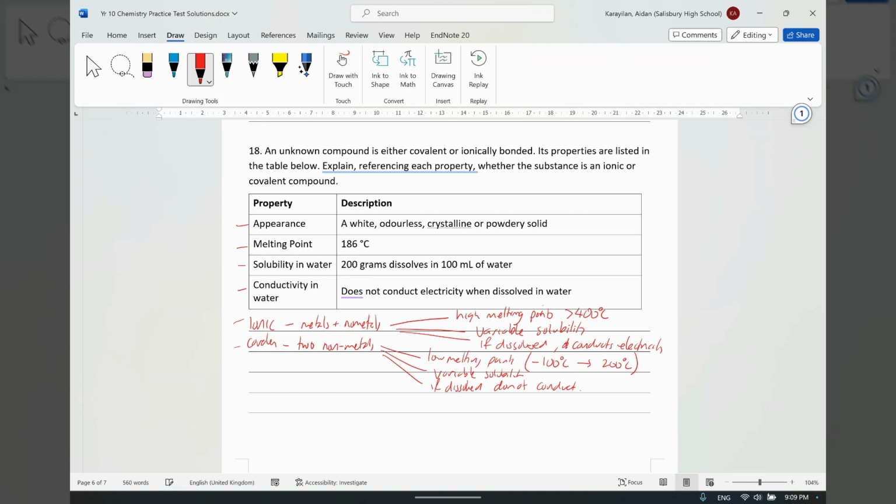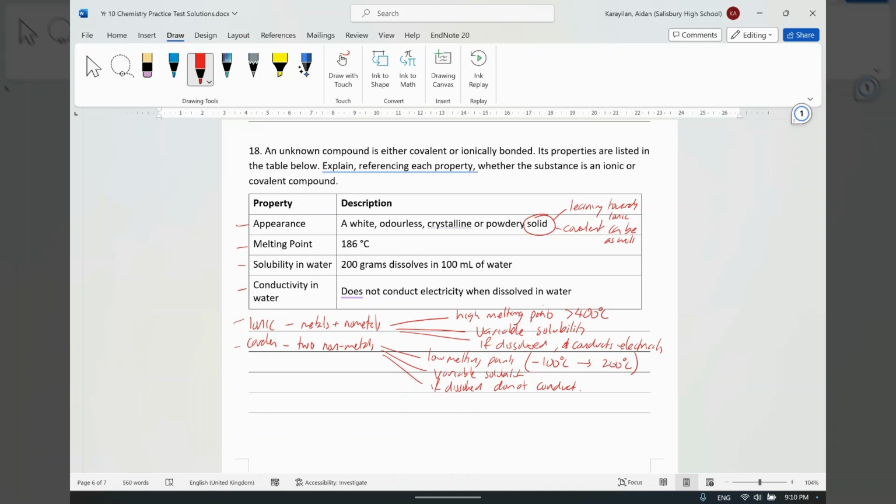So for this question here, you should be looking at each of the points and saying appearance: a white, odorless, crystalline, or powdery solid. That doesn't tell us much, but it does tell us that it is a solid at room temperature, and that is leaning. So crystallized substances are leaning towards ionic, but covalent also can be. For example, sugar is a covalent substance, and it's obviously a white, odorless, crystalline substance.